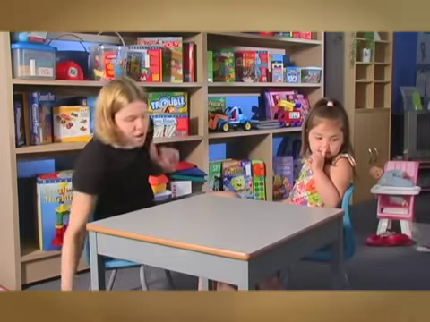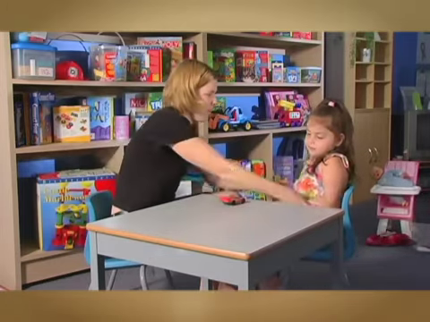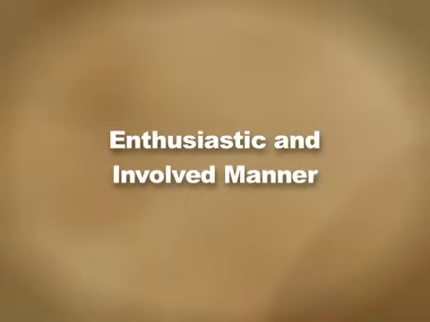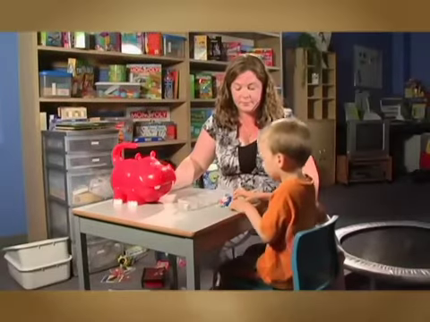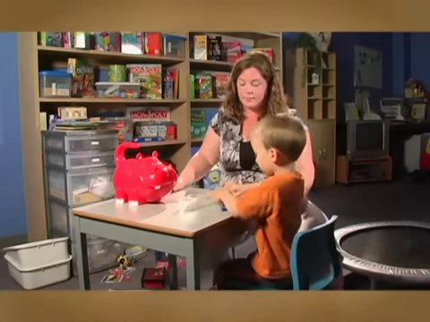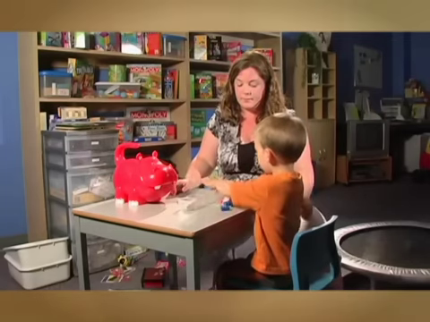Remember, effective reinforcement is best achieved if given immediately after a correct response by the child, given in an enthusiastic and involved manner, and if the reward is varied. There is one eventuality that we have not yet covered. What happens if the therapist delivers an SD and the child gives an incorrect response?